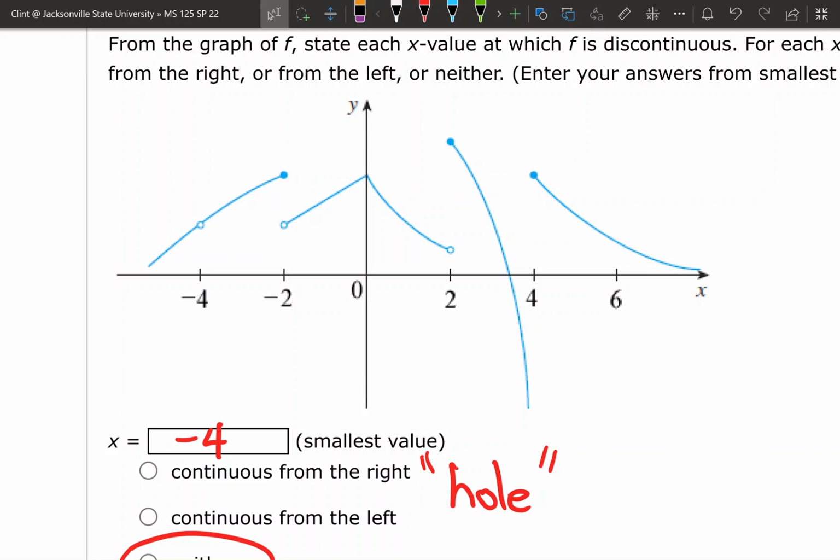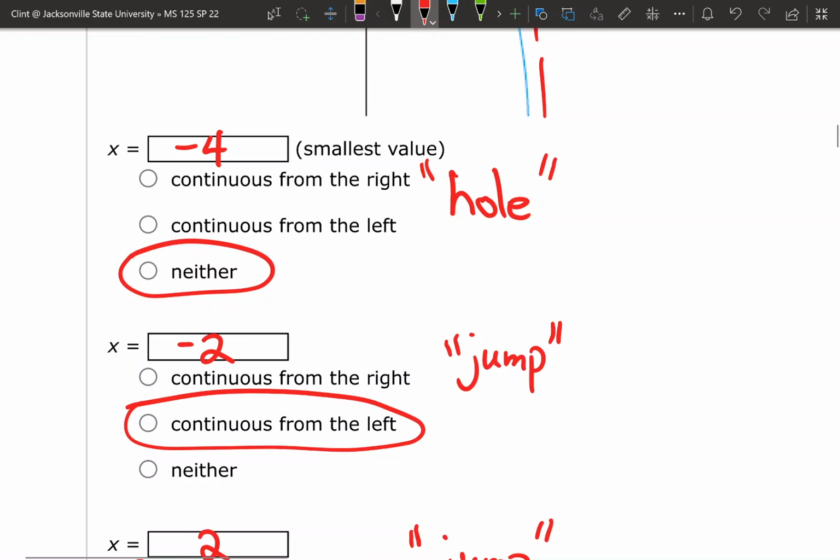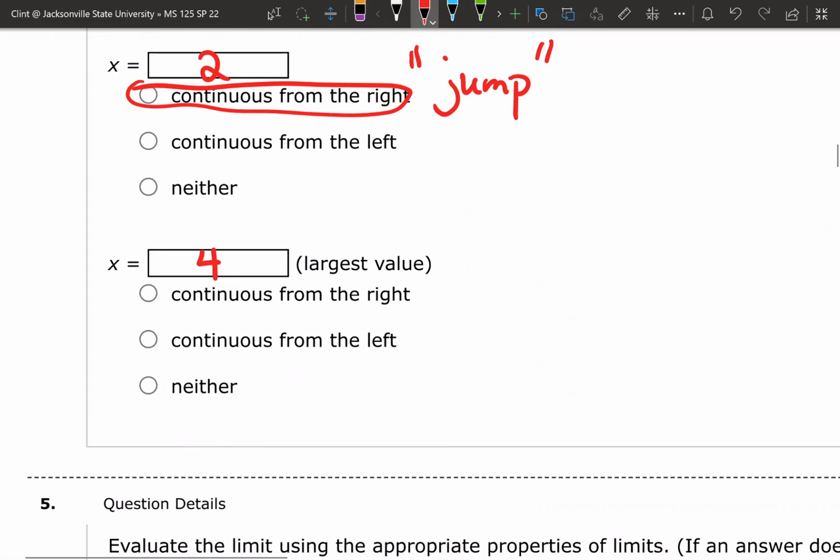What kind of discontinuity would it be? Yeah, we would have an asymptote. And the asymptote discontinuity is what the text would usually call infinite.